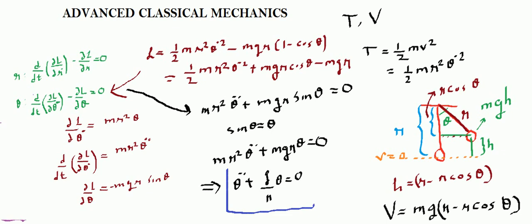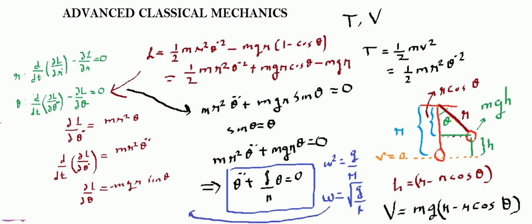We have already studied this in our oscillation chapter, and we know that omega square is nothing but g by r. So omega is root over g by r. You know how omega is linked with time period. So the time period of the pendulum is 2 pi root over L by g.